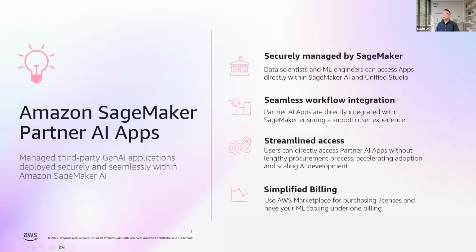To address all these needs, as Gia mentioned, AWS and Comet, as a partnership, developed the SageMaker Partner AI App for Comet. It addresses customers' pain points with a solution that is fully and securely managed by SageMaker.